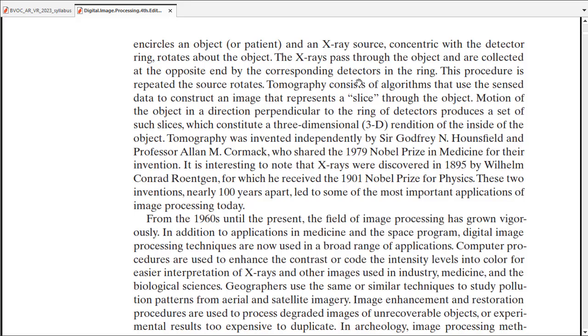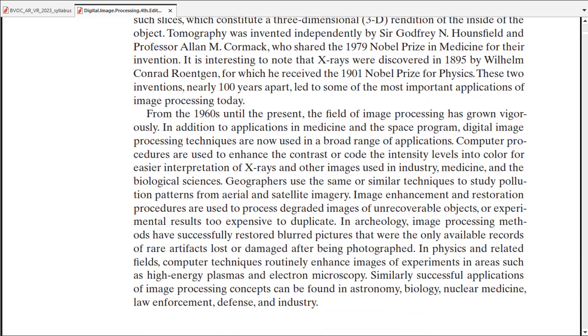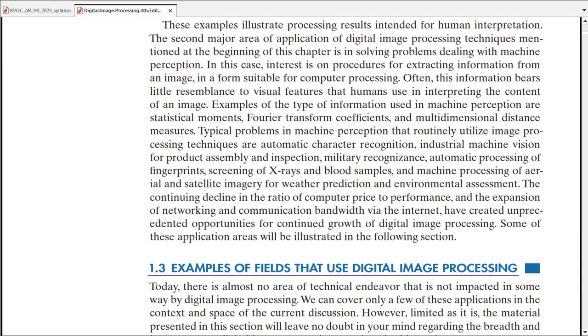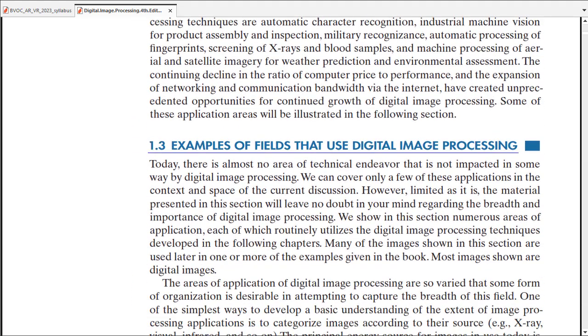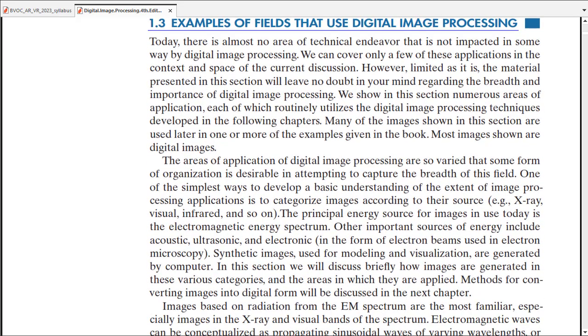Wilhelm Conrad Röntgen, in the year 1895, received the 1901 Nobel Prize in physics for X-rays. So these are examples of fields that use digital image processing.